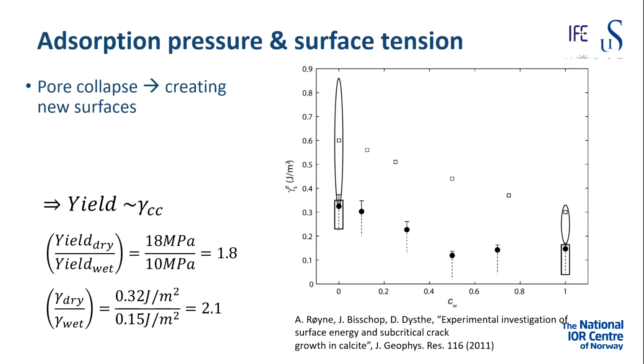By simply taking the yield point of dry and wet chalk from the previous graph, you get 1.8. If you assume that the yield point is proportional to the energy it takes to create new surfaces, you can make a similar ratio here, and you find about 2.1, which I believe is a really nice explanation for the previous data.